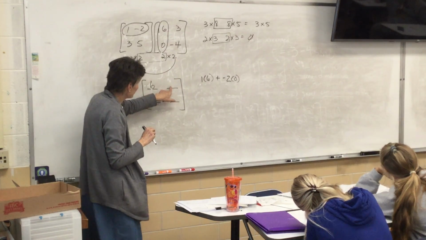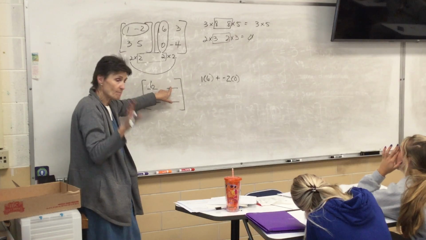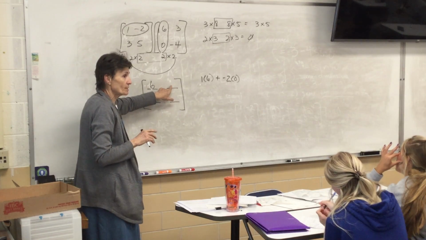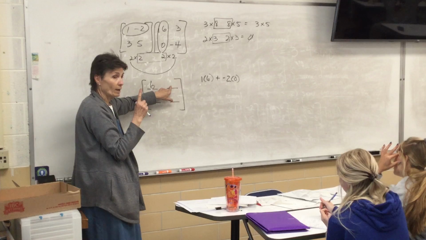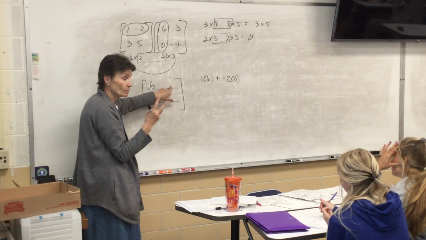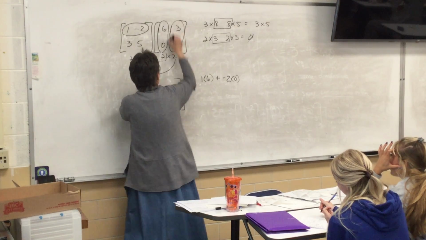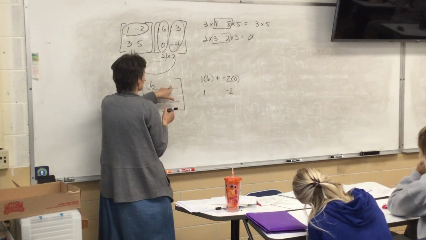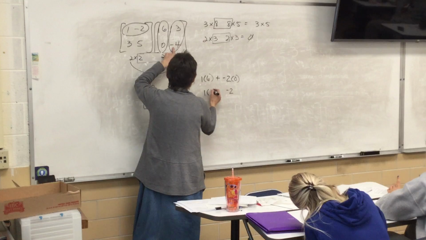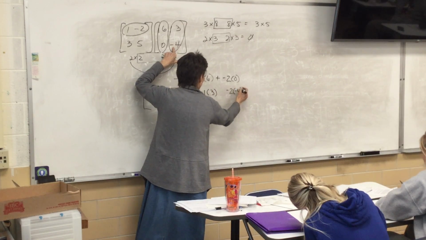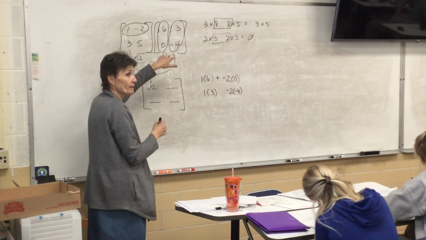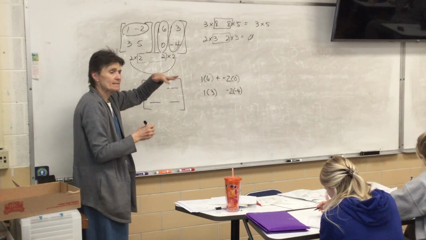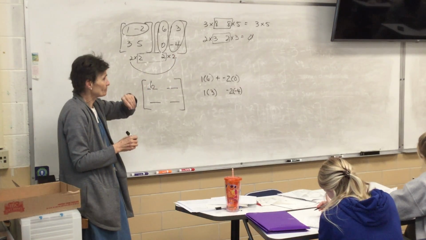All right, so now we're going to come over and do this one. Same thing, only what position is this? Row 1, column 2. So now I'm going to use this column, so I'm still going to write down my 1 and -2, but next to that, I'm going to put 3 and -4. You see what I'm doing, guys? It's easy, you just have to be organized.